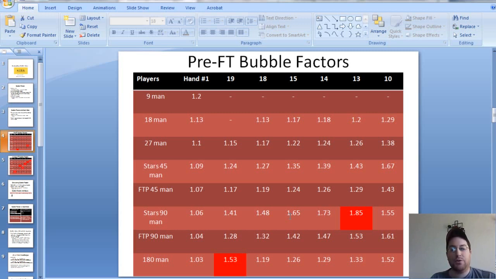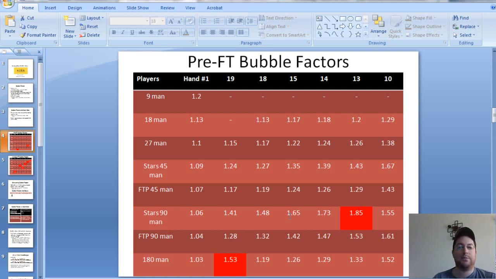And when I say on average, what I mean is these numbers are based upon everybody at the table having the exact same stack. Okay, I know that's not what happens. There's always a big stack, a medium stack, a small stack. But we have to start, again, like I said, at a basis. So if everybody has equal stacks, based upon the payouts and the pay distribution of that game, what's our bubble factor? How much ICM do we need to consider?